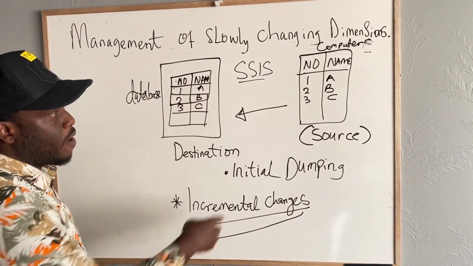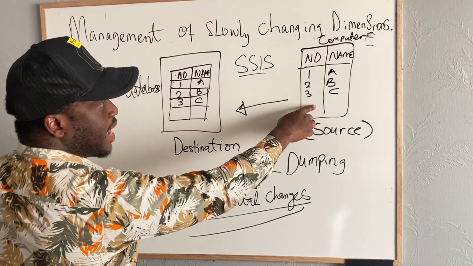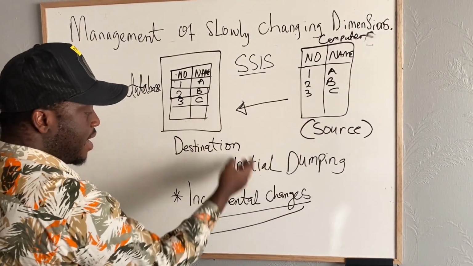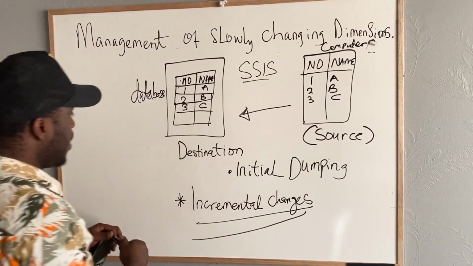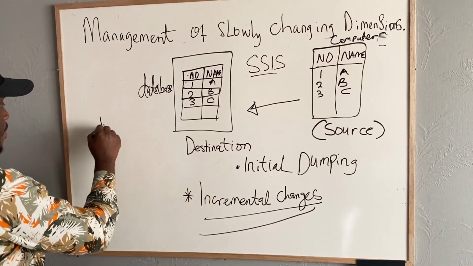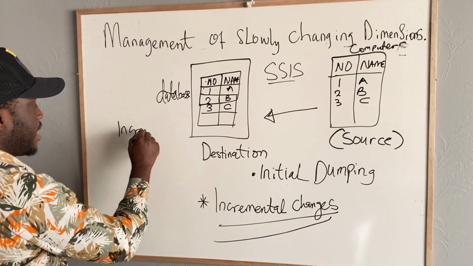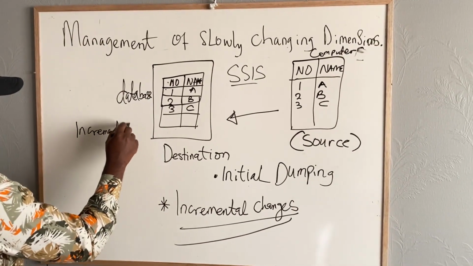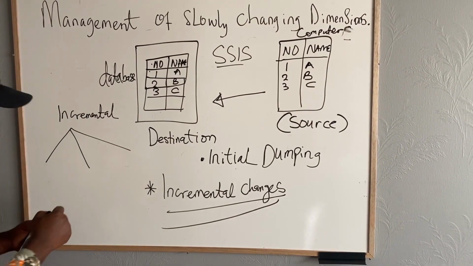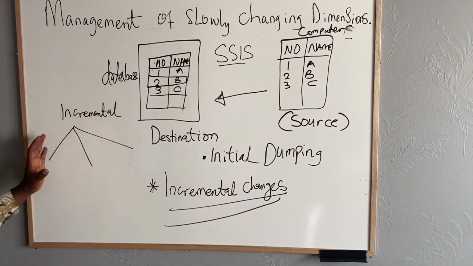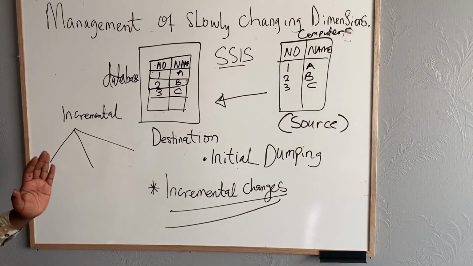So whatever you're going to be doing in moving data from this computer here, I'm going to capture under your incremental changes. I have been able to break it down into 3. If you can capture these 3 aspects of it, you have done a perfect job.